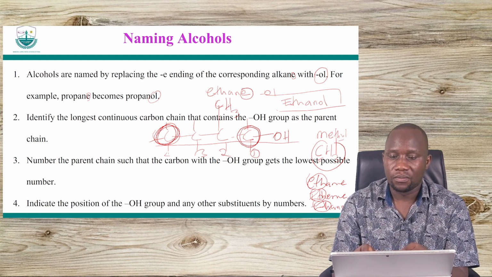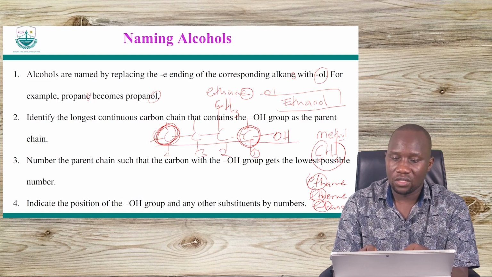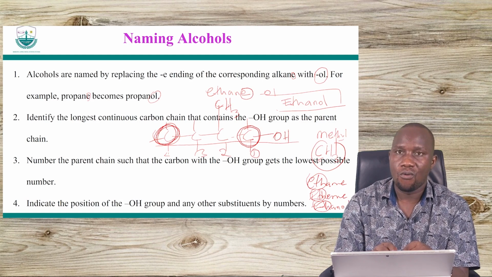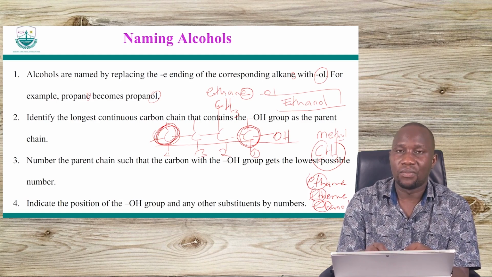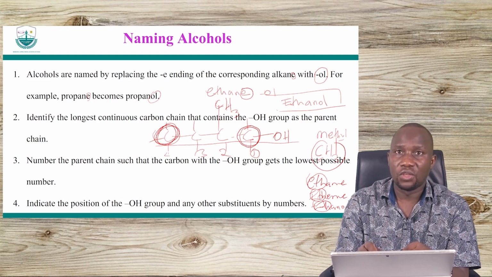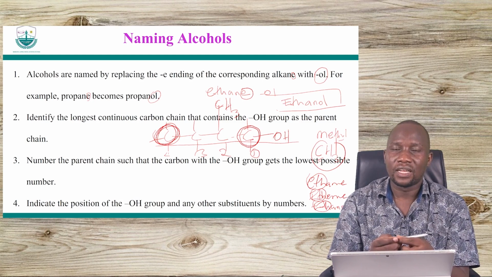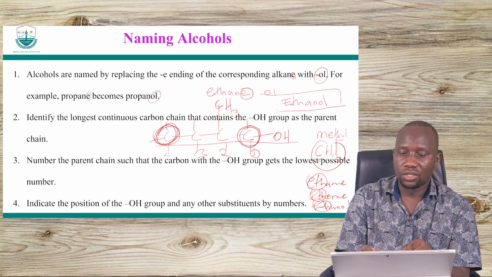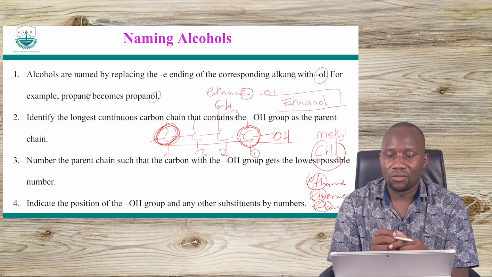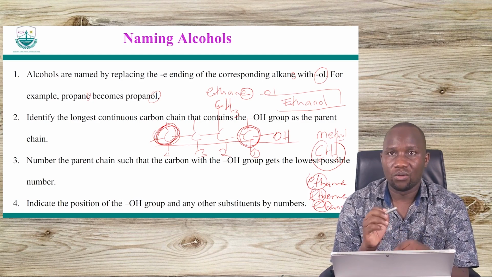So you give the name according to that. Since this one is the one that contains the functional group, then you have 1, 2, 3, 4. This is the longest. You disregard this branching, but you will indicate the position of that branching.